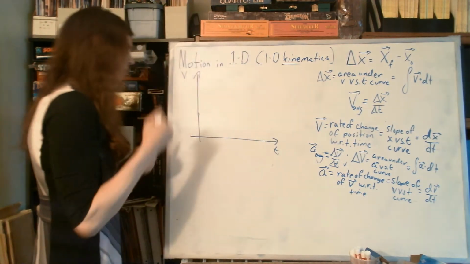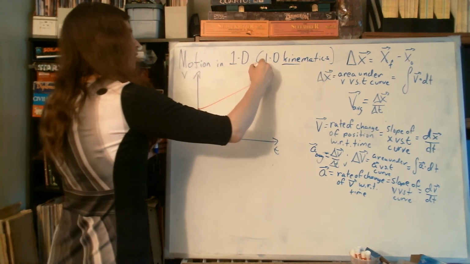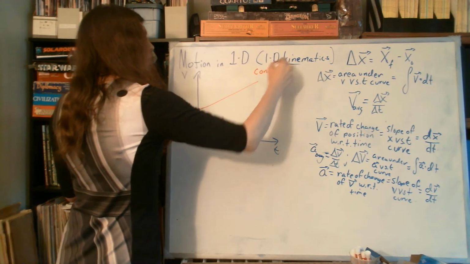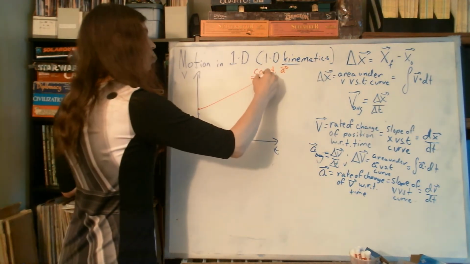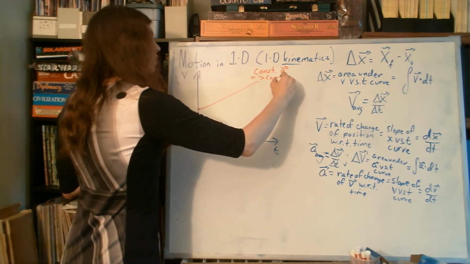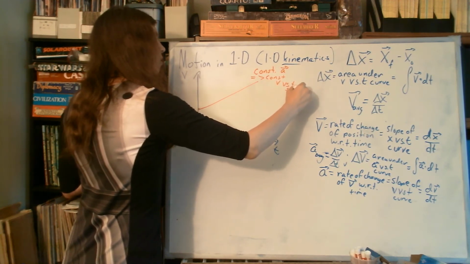So let's say that we have constant acceleration, and therefore we have constant velocity versus time slope.